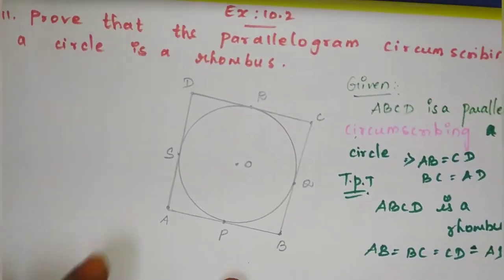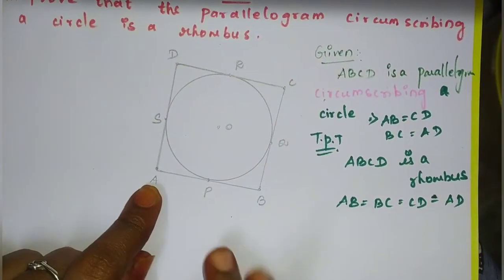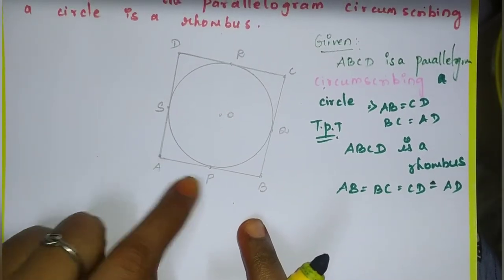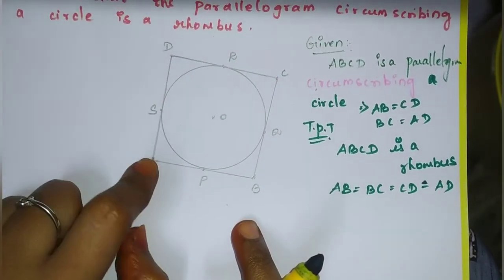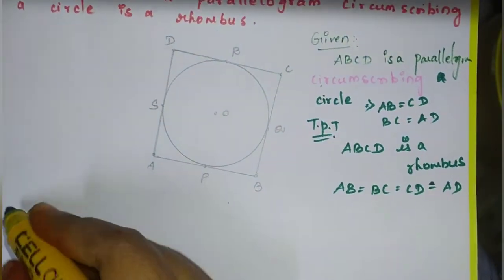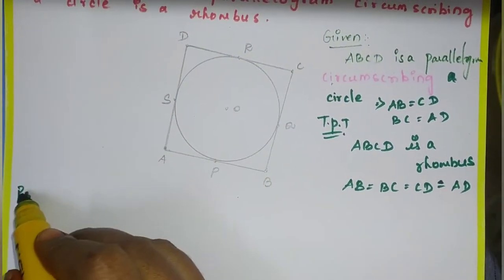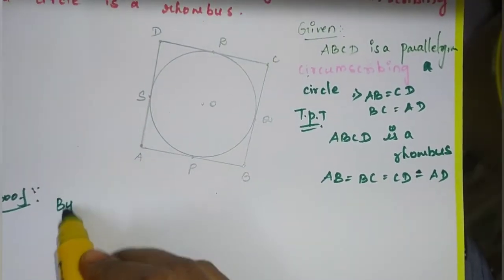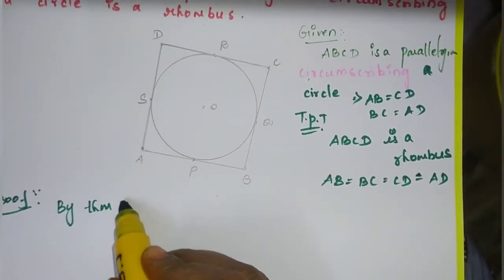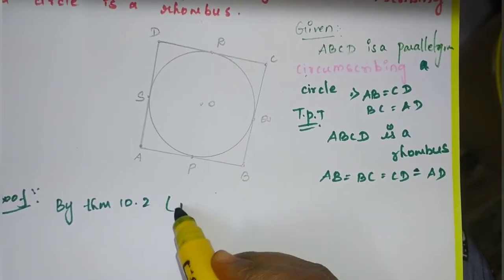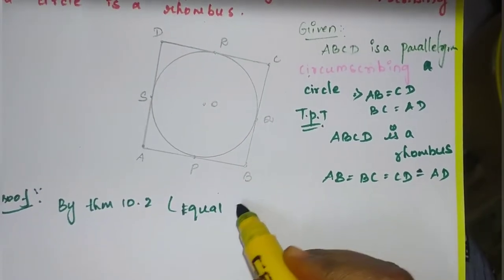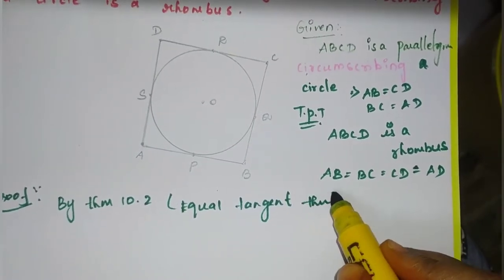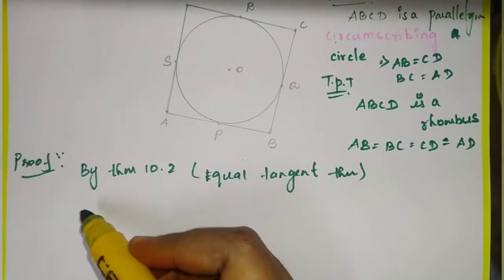Theorem 10.2, because we have an exterior point. We have an exterior point and we can tell that the length of the tangents will be equal by theorem 10.2. Okay, so proof: by theorem 10.2, the equal tangent theorem.